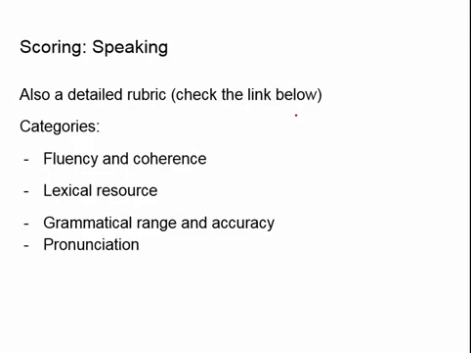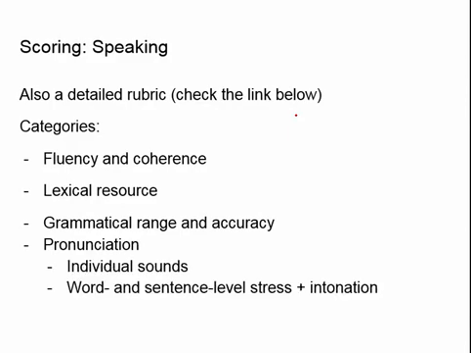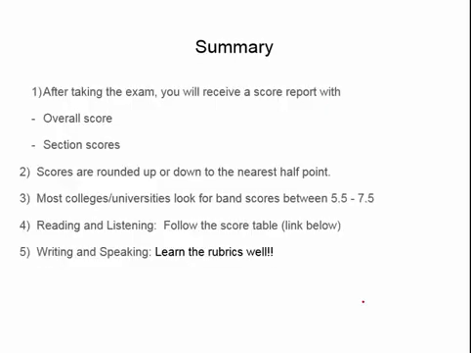Pronunciation, basically how easy it is to understand you, that you don't have a lot of sounds that are really not very natural sounding in English or that cause confusion. They're looking for individual sounds and stress patterns in sentences.